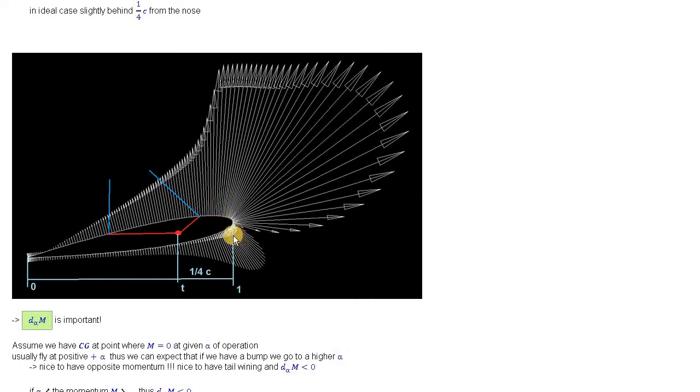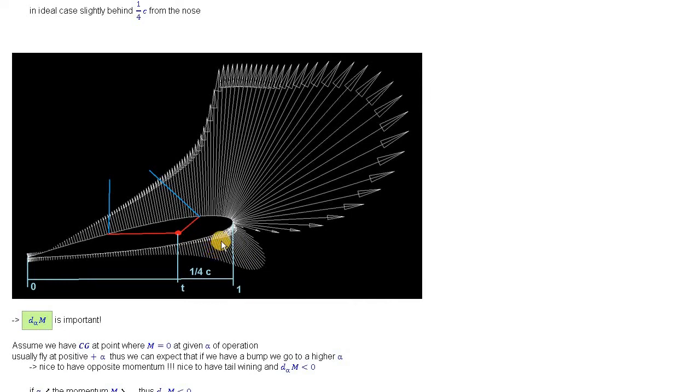So if the angle of attack is increasing by some accident, then it's good if the momentum is going to drop, so that it becomes negative. So it's going to pull the airfoil back to the original position.